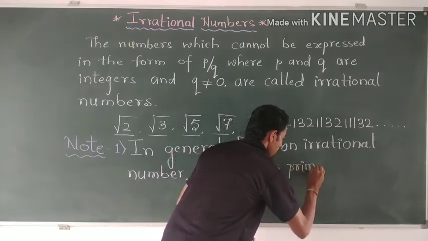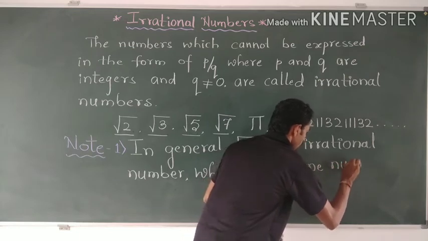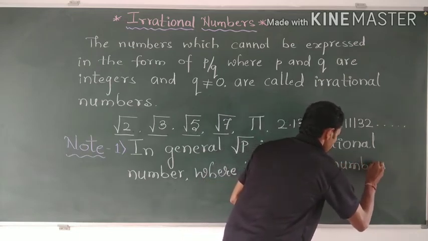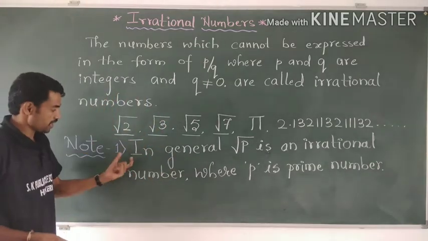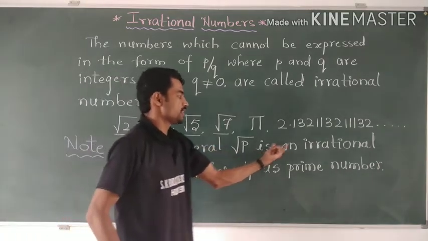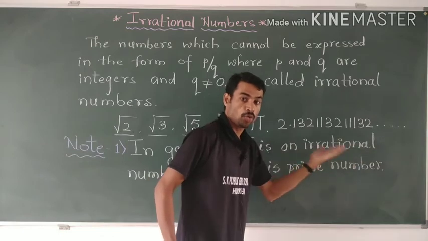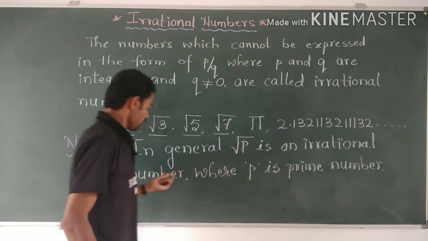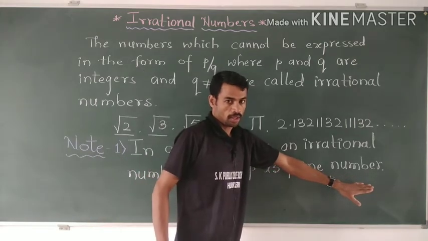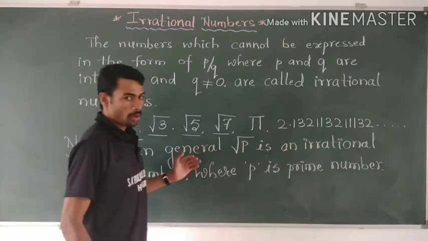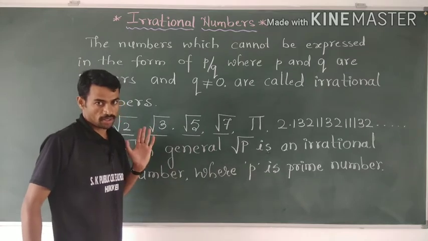P should be a prime number. So in general we can say that root p is an irrational number. When is root p an irrational number? Where p is a prime number. So this is about irrational numbers.